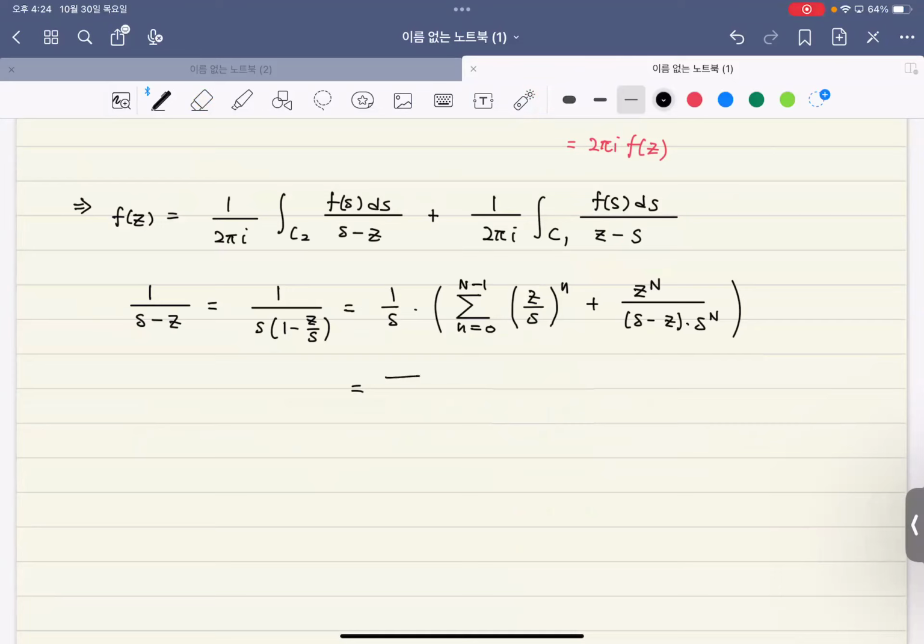So from n equals 0 to n minus 1, I have z to the n over s to the n plus 1, and plus z to the large n carries over. Oh, sorry, I just made a mistake, this is not right. Good.